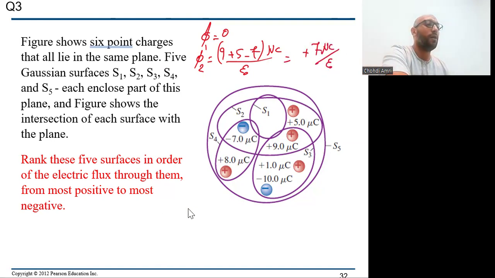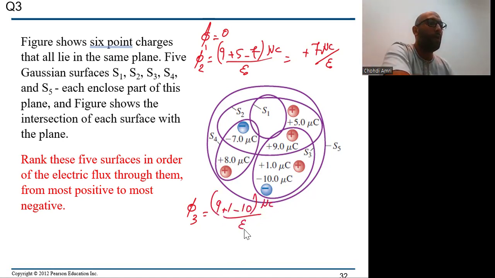Let's talk about phi 3. We have 9 plus 1 microcoulomb minus 10 microcoulomb, all divided by epsilon naught, so it's 0. 9 plus 1 is 10, 10 minus 10 is 0.